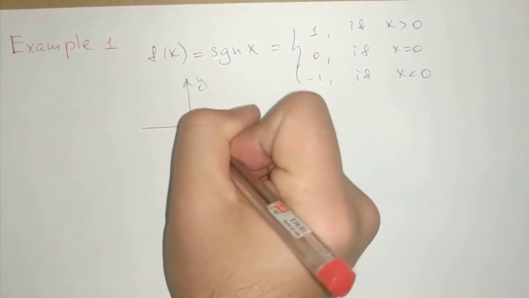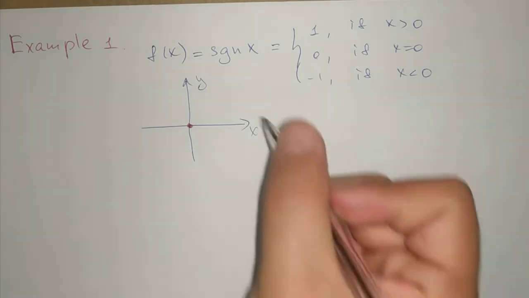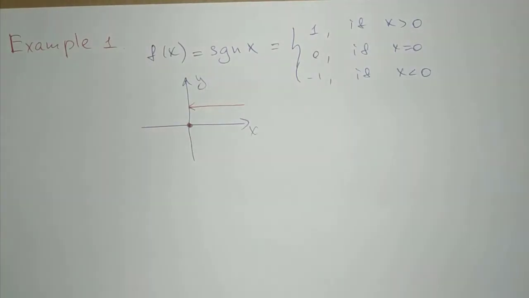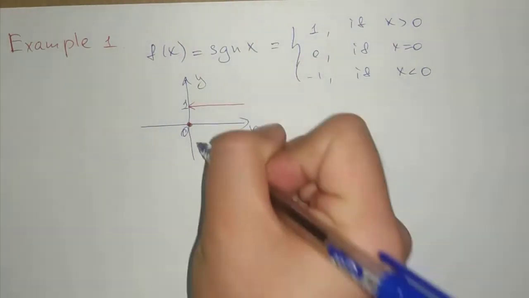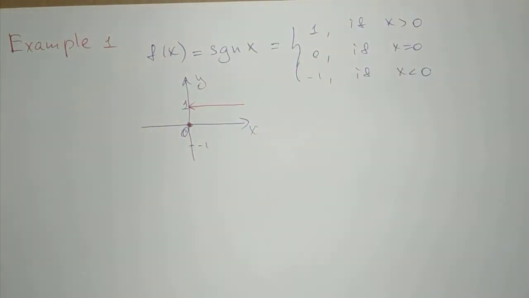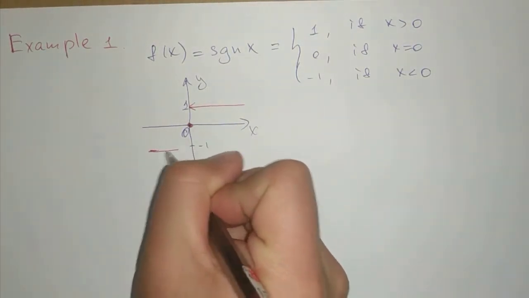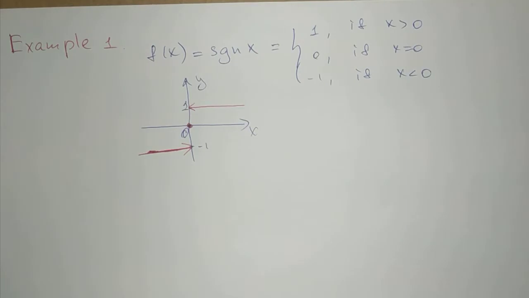And if x is greater than 0, it is 1, so it will be this line parallel to the x-axis. This is minus 1. If x is less than 0, it is minus 1, so it means this line, till minus 1.